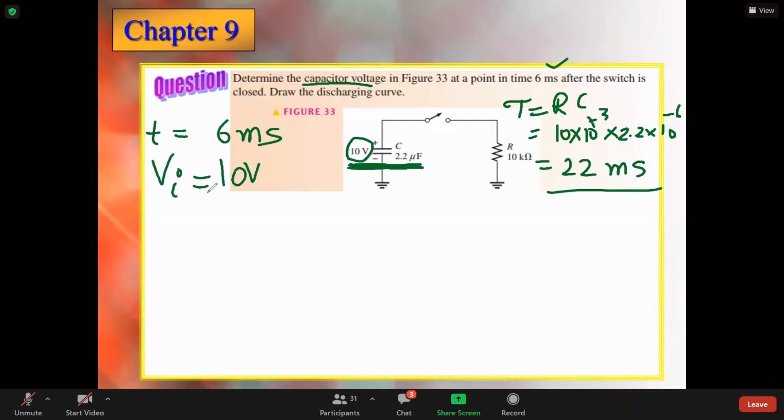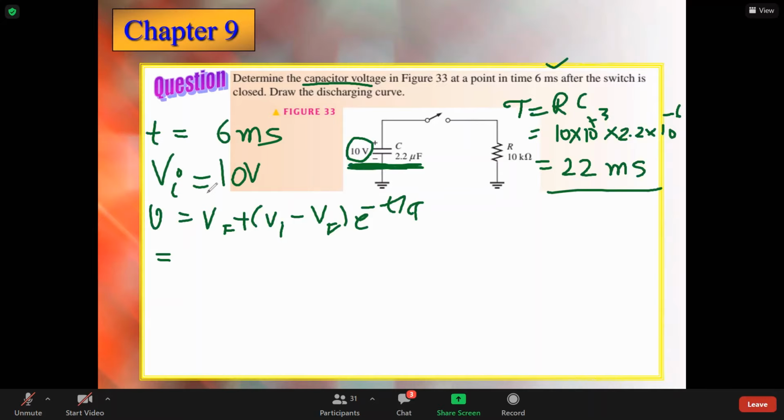Now, we know the equation: V is equal to VF plus (VI minus VF) e raised to the power minus t over tau. Now I can put in the values. When I close this switch, what will happen?